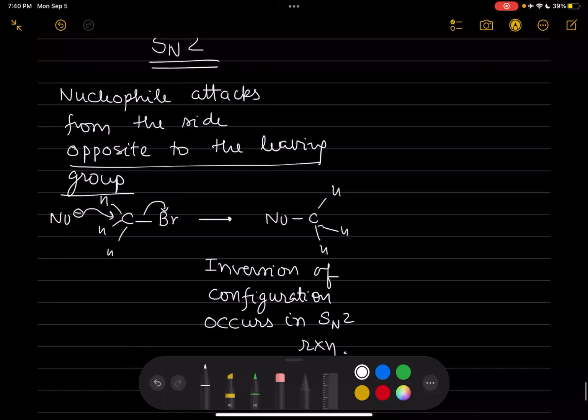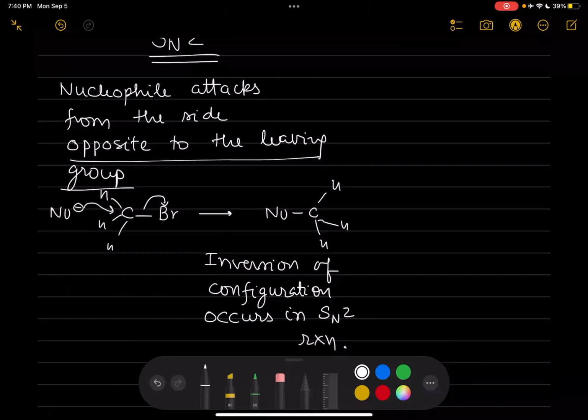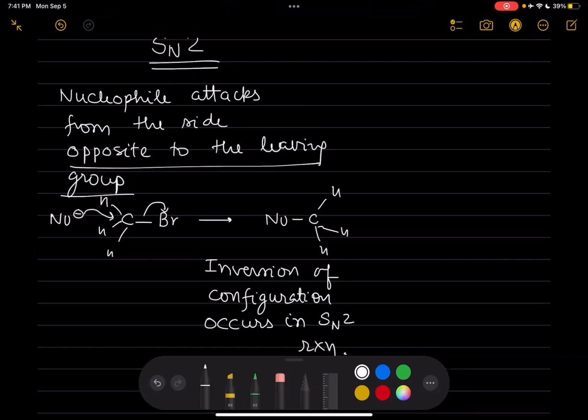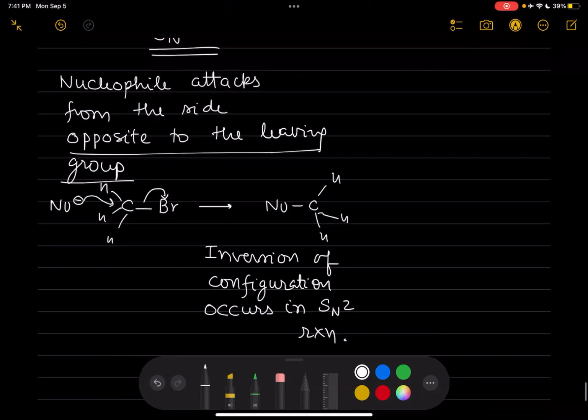The reason is that the nucleophile has to come from the side opposite to the leaving group, because it is happening in just one step. In one step, you need to break the Br and bring in the nucleophile. So it is very important that the nucleophile comes from the back side.